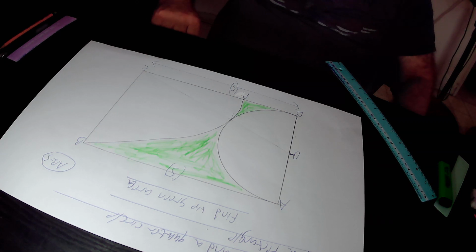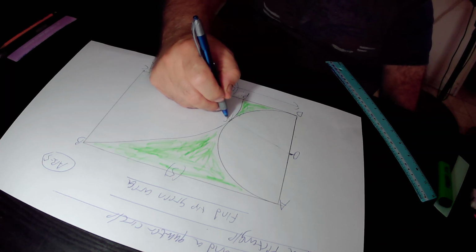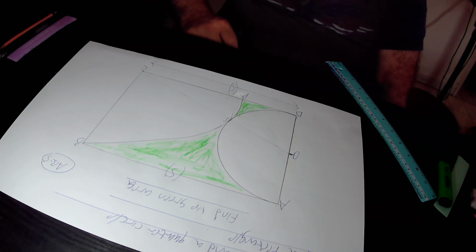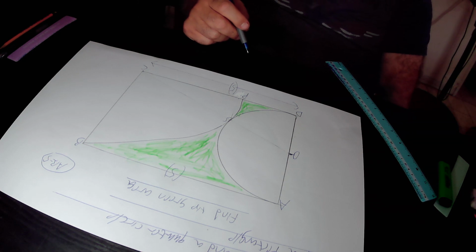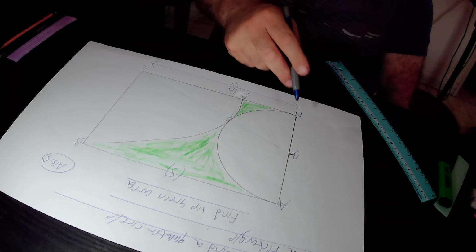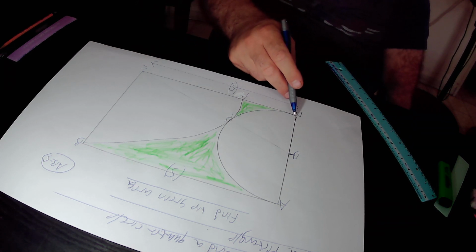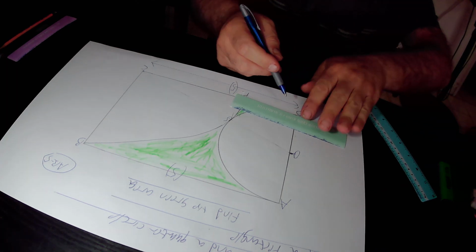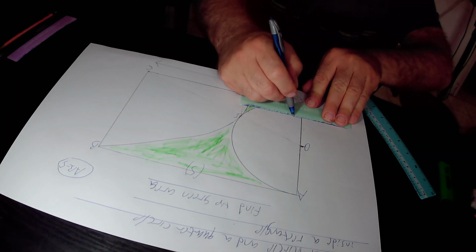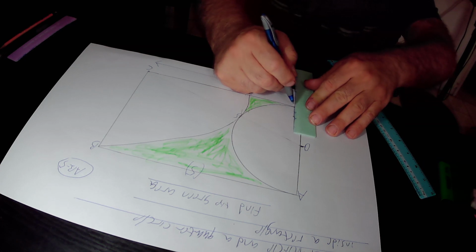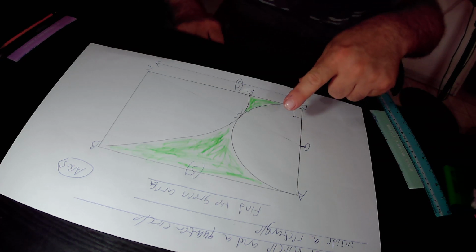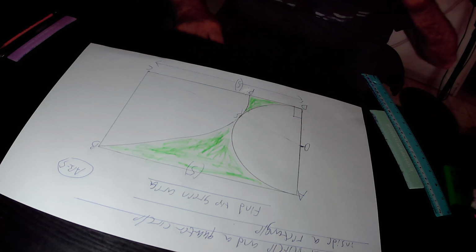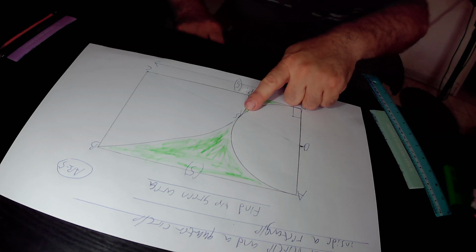This point is point S. We know that ABCD is a rectangle, and all the angles inside any rectangle are right angles. Therefore, this angle ADC is a right angle. So in the drawing, we have an external notch between this semicircle and this quarter circle. That is to say, they touch each other externally at this point, point S.